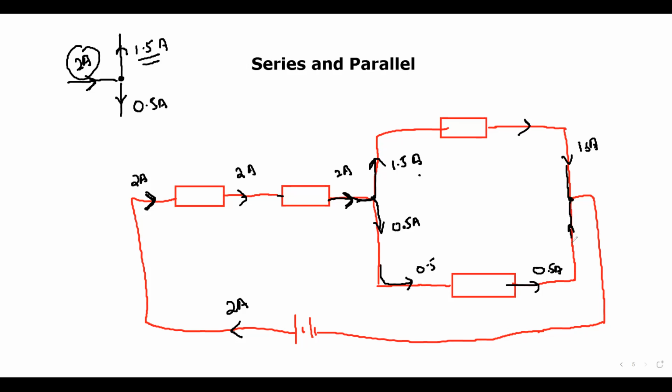So 0.5 from here and 1.5 from the top combine, and as a result, they will produce 2 ampere. That 2 ampere will return to the battery. So the total current which enters the circuit is always the same as the total current leaving the circuit. Is this example clear?